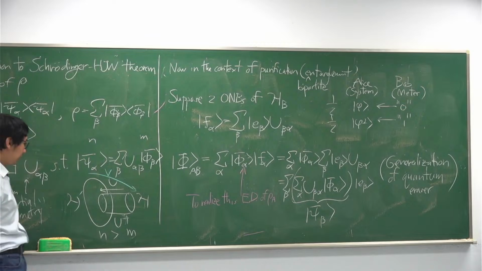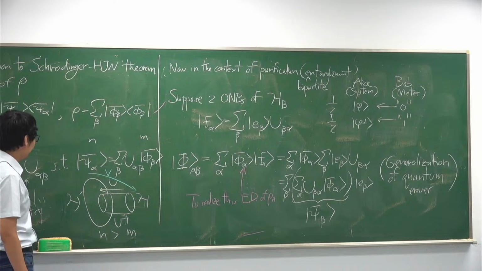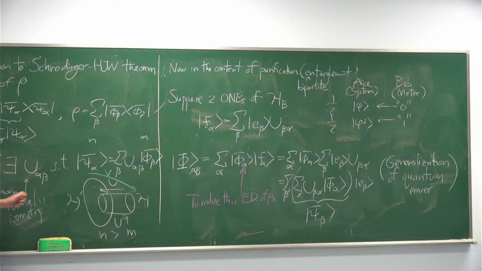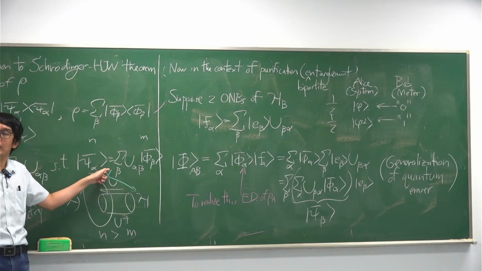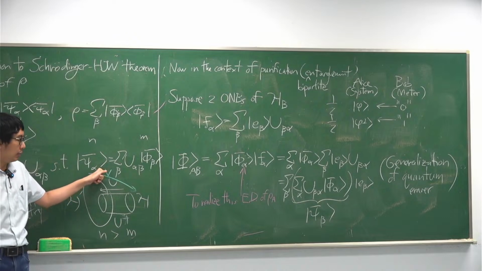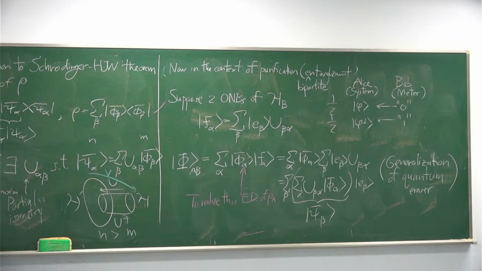But the condition of the partial isometry would still work. It's just that you would only define V and V inverse in this subspace, and then you pad everything else with 0, rows or columns.